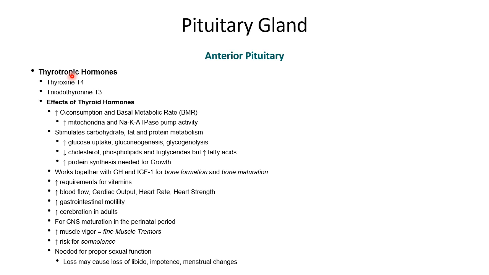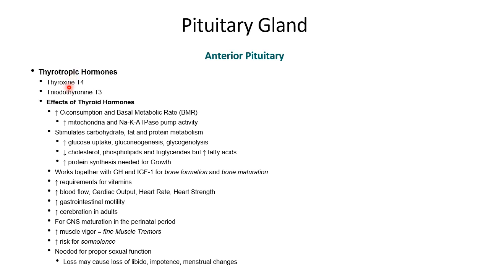So in essence, your thyrotropin or thyroid stimulating hormone causes an increase in the number of cells, in the size of the cells, and the activity of the cells of the thyroid gland. That's why it is called thyrotropin.